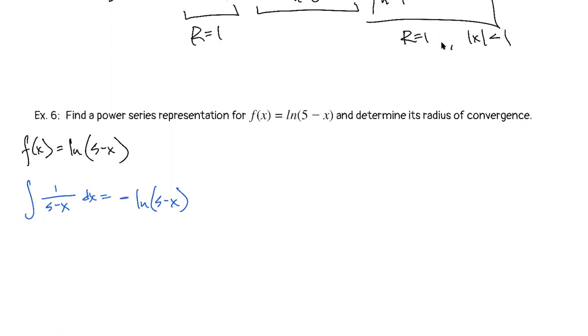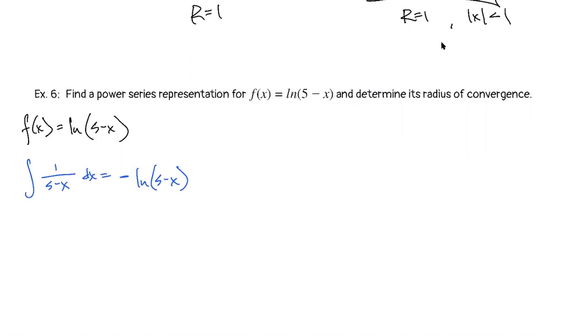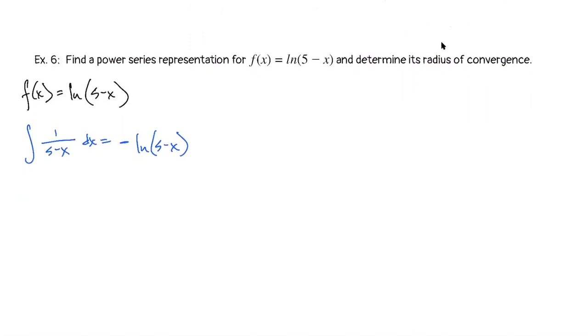Where did that negative sign come from? Negative x on the denominator. Chain rule? Yeah, that negative x in the denominator, and not chain rule, but u sub, right? Because we're taking integrals. So if we have this integral right here, we know that this is pretty close to our function, okay?